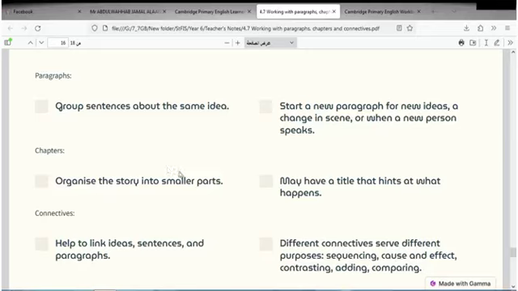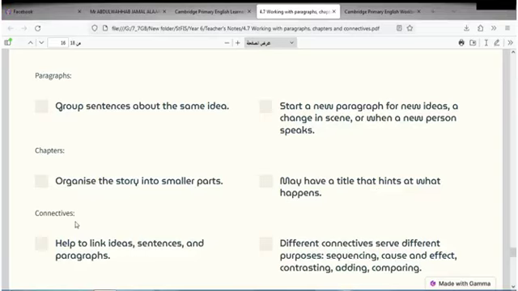Plenary. What's to remember? Paragraphs are a group of sentences about the same idea. And we start a new paragraph for a new idea, change in scene, change in setting. We'll have a new person or a new dialogue. Chapters organize the story into smaller parts, and they might have a title which hints at what happens.